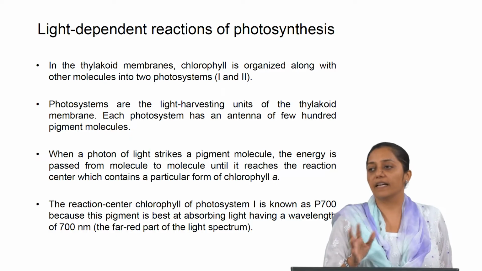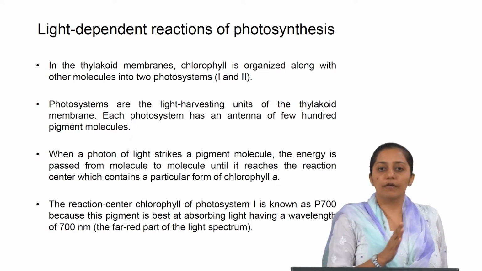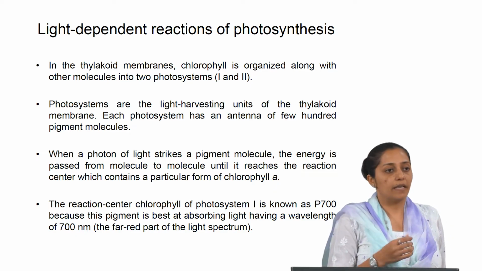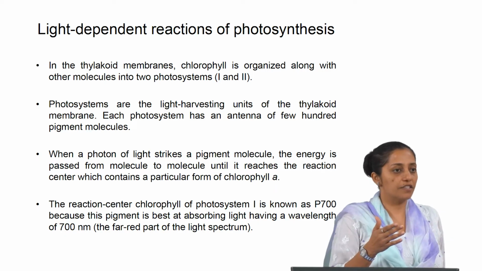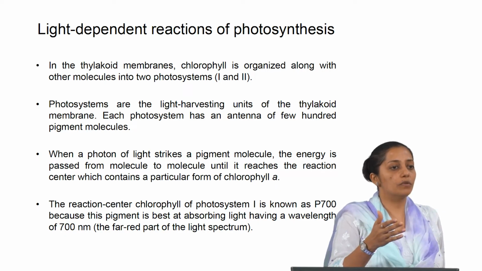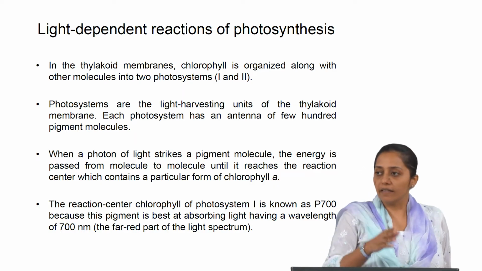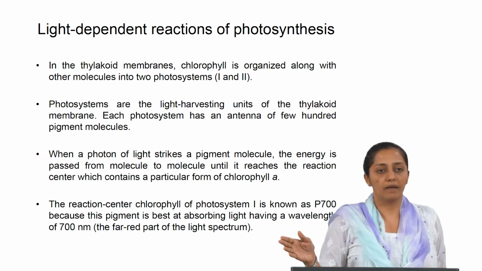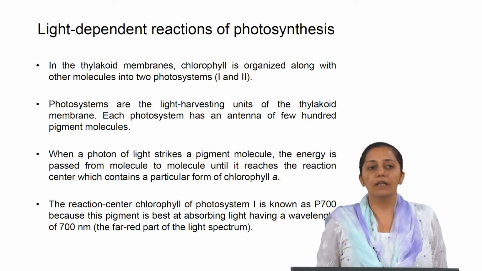Then the photosystems are what? As I said, these are light harvesting units. So, again to repeat, there are two photosystems. When a photon of light strikes the photosystems, electrons are released. These electrons, being in high energy states, are transferred to a nearby electron acceptor molecule, which again transfers them to the electron transport chain present in the membrane, thereby releasing hydrogen ions in the thylakoid lumen.